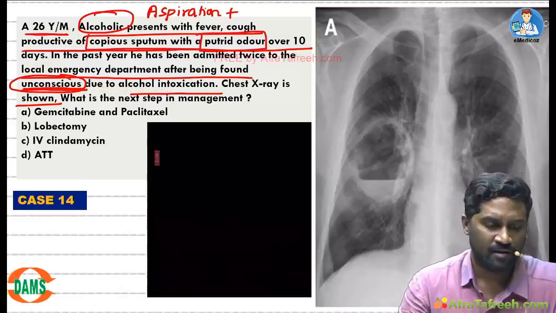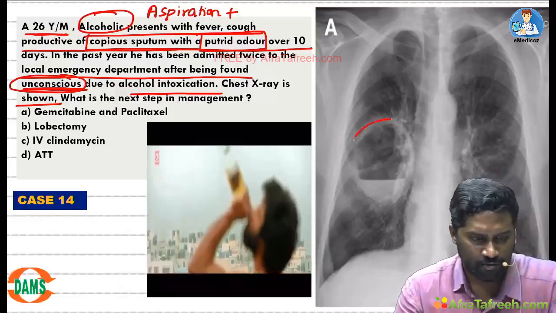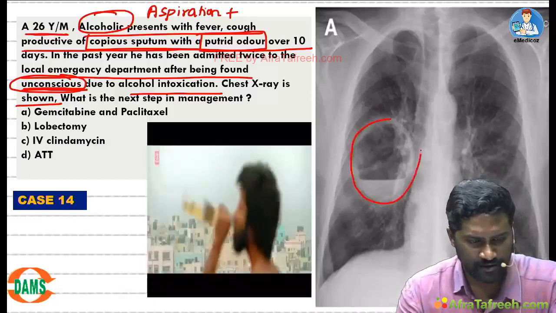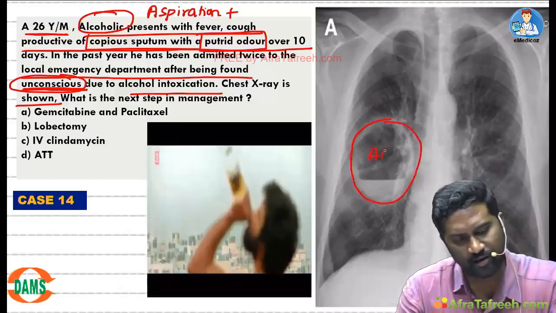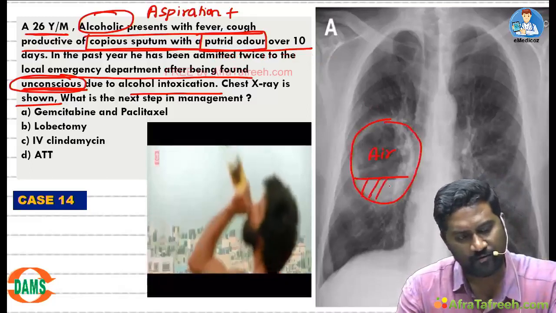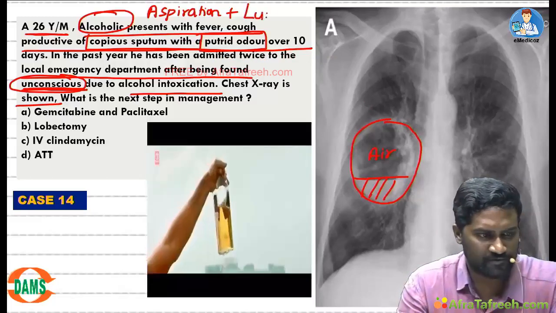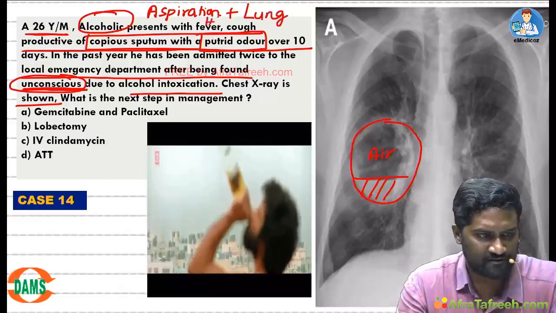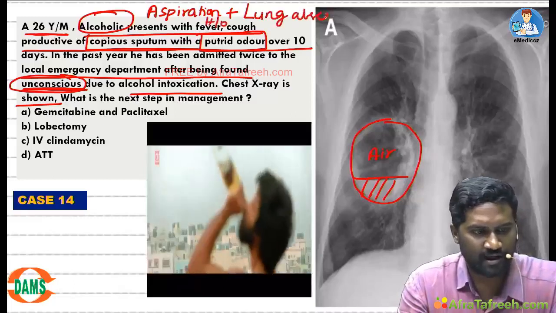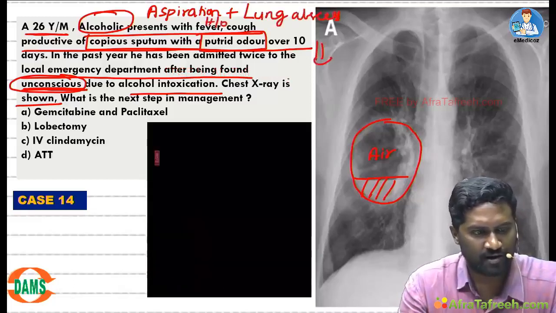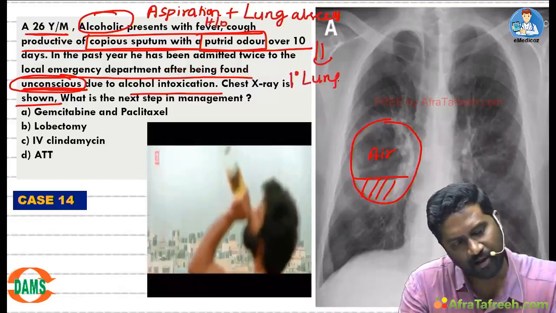necrotic infection. And on the chest X-ray, what do you notice, students? There is air-filled area in a cavity and fluid. There is lung abscess. Aspiration history plus lung abscess. What should be your diagnosis? Primary lung abscess.